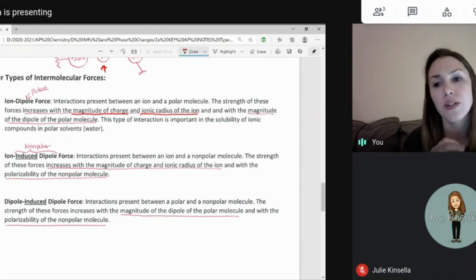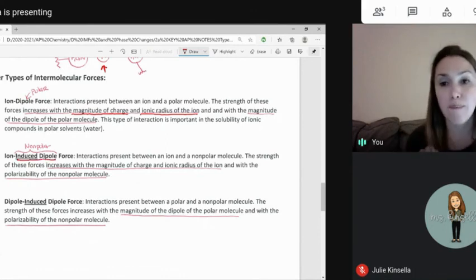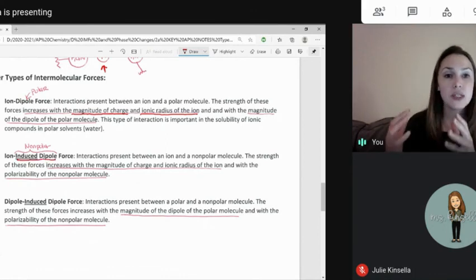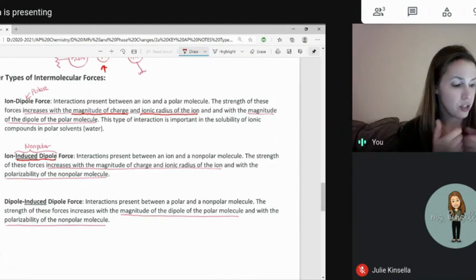Ion-induced dipole force is between an ion and a nonpolar molecule. Anytime you see induced dipole, you're talking about nonpolar. That ion induces or causes a temporary shift of electrons in a nonpolar molecule, which then creates an attraction between them.